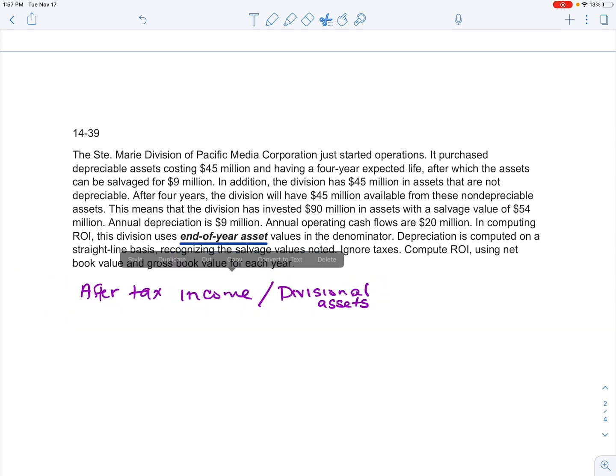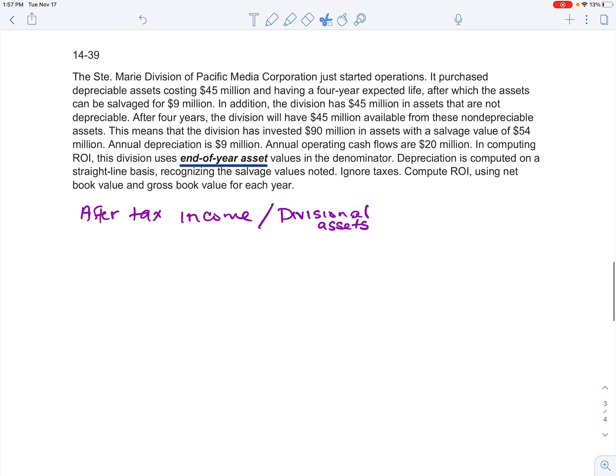That equation doesn't change. But what we're going to put into it is going to change based on book value, using net book value or gross book value. So first, let's go through the net book value.